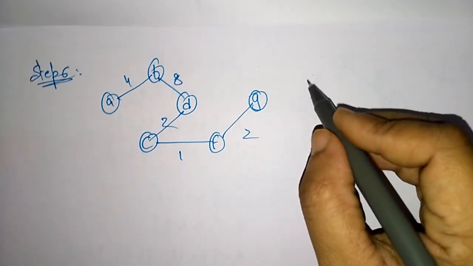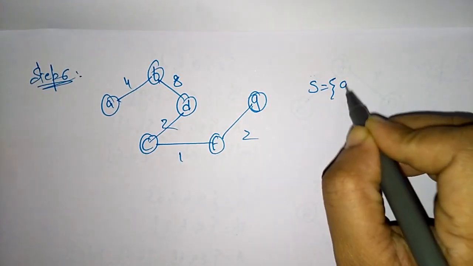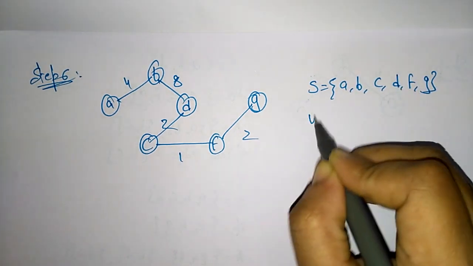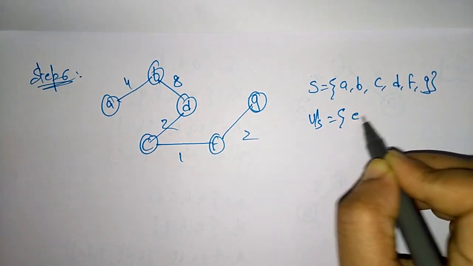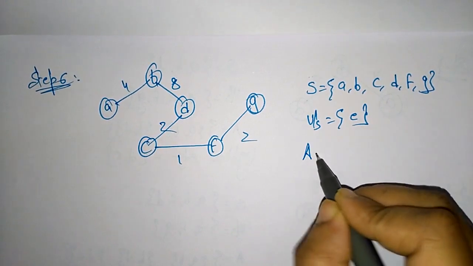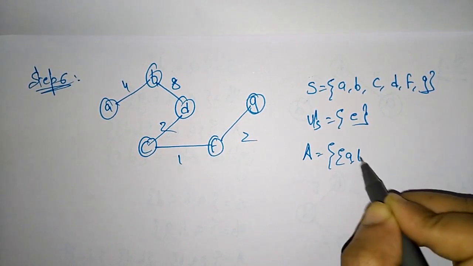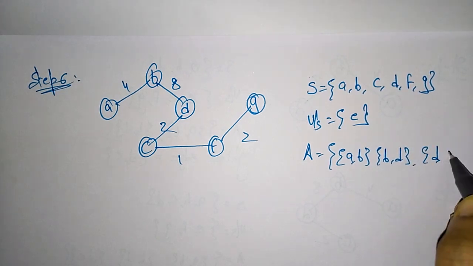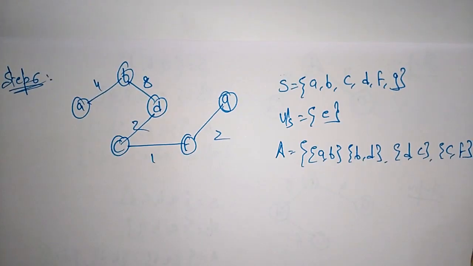Now coming to the sets. S contains A, B, C, D, F, G. What is the remaining vertex? Only E is remaining. And the complete set you have is AB, BD, DC, CF and FG.